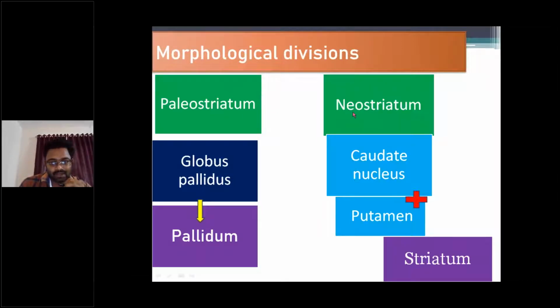Neostriatum is the most recent in development and includes the caudate nucleus and putamen, often called striatum.